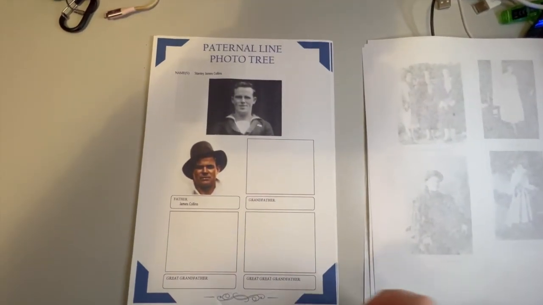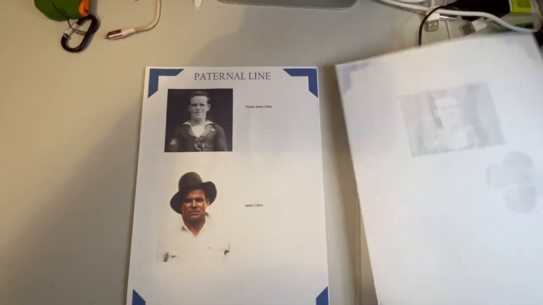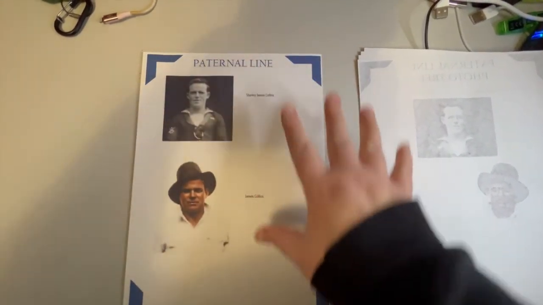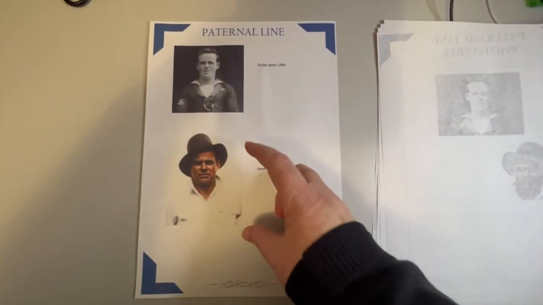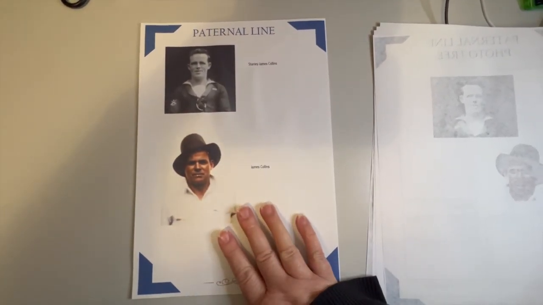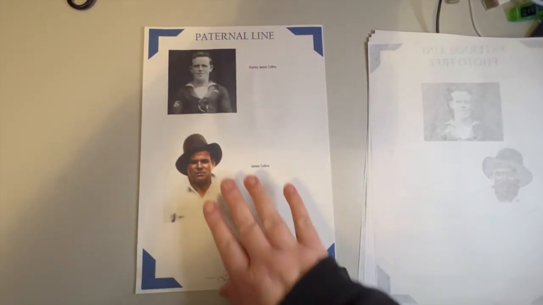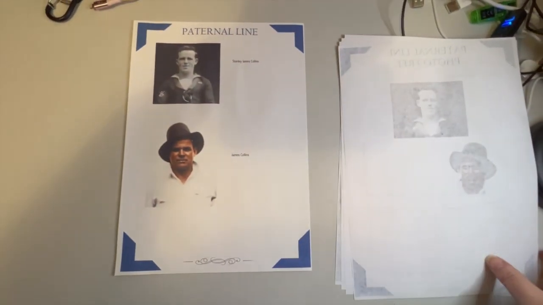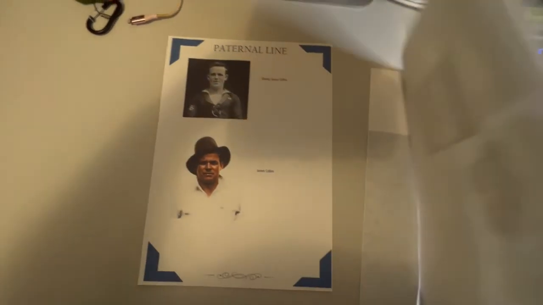And that was the Paternal Line and the blank sheet. Now, as I said, you could do anything you wanted with the blank sheet. I've just represented the little photos with the big photos. And if you had a story that went along with the photo or anything like that, you could put that on there. This is just a guide to help you with the sheets.